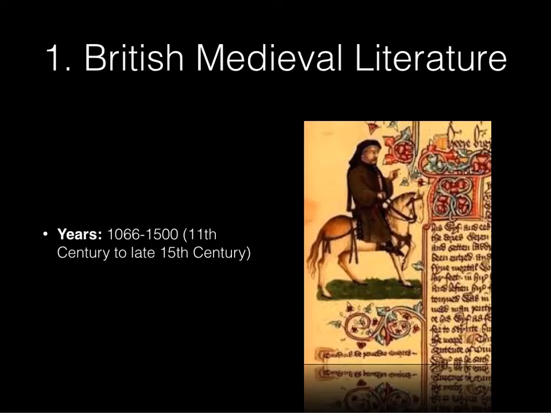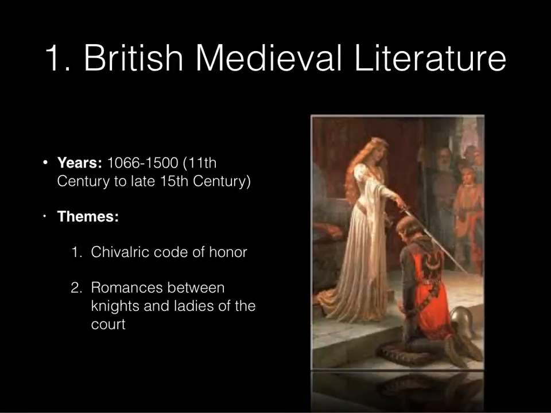Looking now specifically at medieval literature, the years we're going to say were about 1066 to 1500. So that would be 11th century to the late 15th century. And when we think of important themes, you might think of movies you've seen like The Knight's Tale or Princess Bride. Big themes for the medieval period were the ideas of honor and chivalry and how should a knight address a lady of the court.